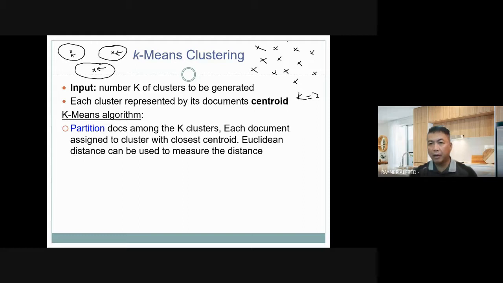So we will pick randomly two centers from here. We pick this one and this one. That means these are the centroids of the clusters. For the remaining documents, I will assign them to the closest centroid to form one cluster. So maybe this one belongs to one cluster and this one belongs to the other cluster. Each of these documents will be assigned to the nearest centroid.